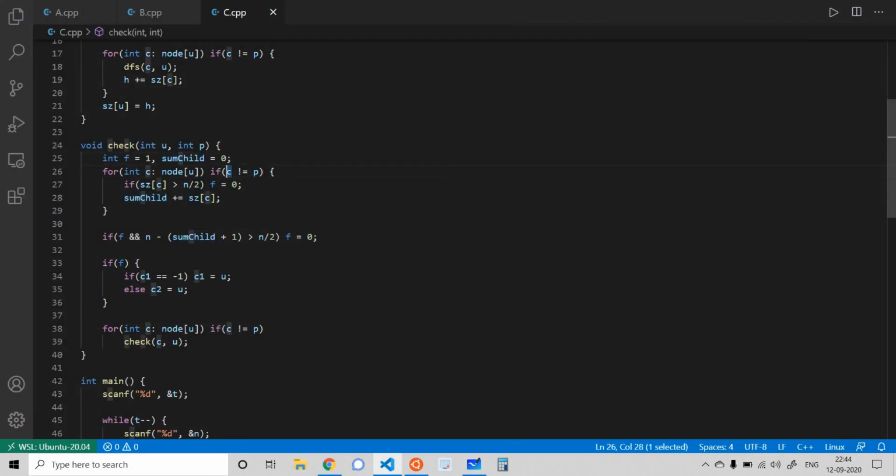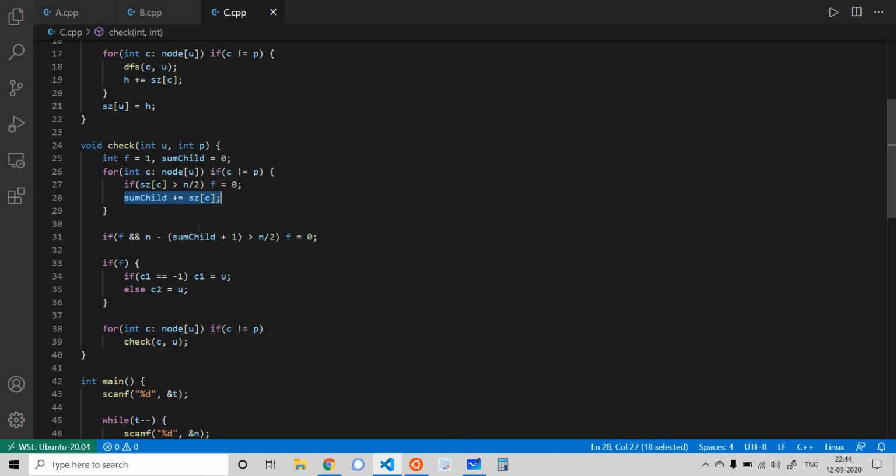So yes, if it is not the parent, I've called this function. I'm checking the size of that component. If the size is greater than n by 2, then this node, that is u, cannot be my centroid. So I'm changing the value of f from 1 to 0. And at the end, I'm also adding the number of nodes on that component to my sum child.